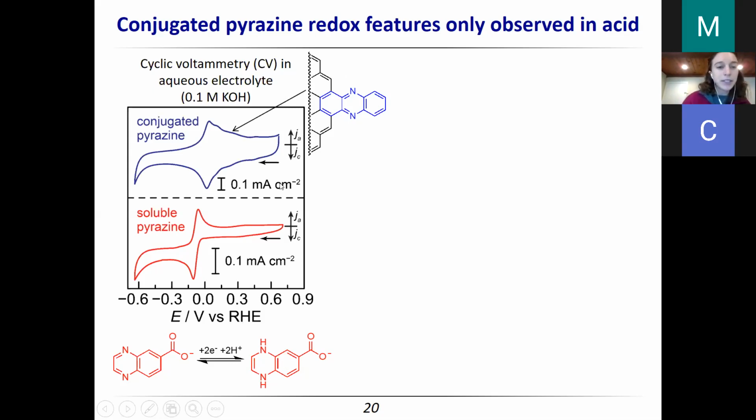And we do. You can see that the potential has shifted a little bit positive, and that the peak has broadened out. But qualitatively, we still see this reversible process at a similar potential. And so we started by assigning this process to this 2-proton, 2-electron reduction of the pyrazine to a dihydropyrazine type species on our electrode surface.